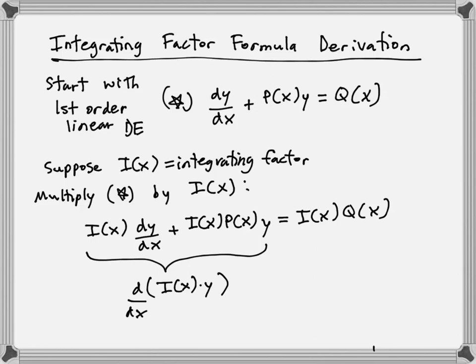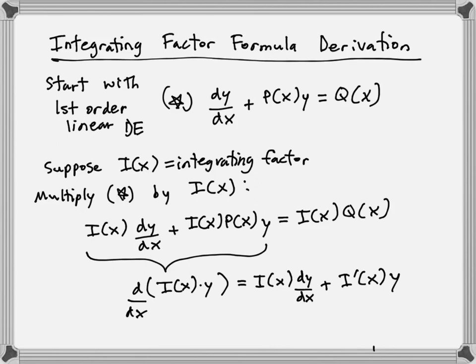So the trick then is to actually take the derivative of this and figure out what we get and set it equal to that. So what is the derivative of this? Well, using the product rule, it's the first times the derivative of the second plus the derivative of the first times the second.